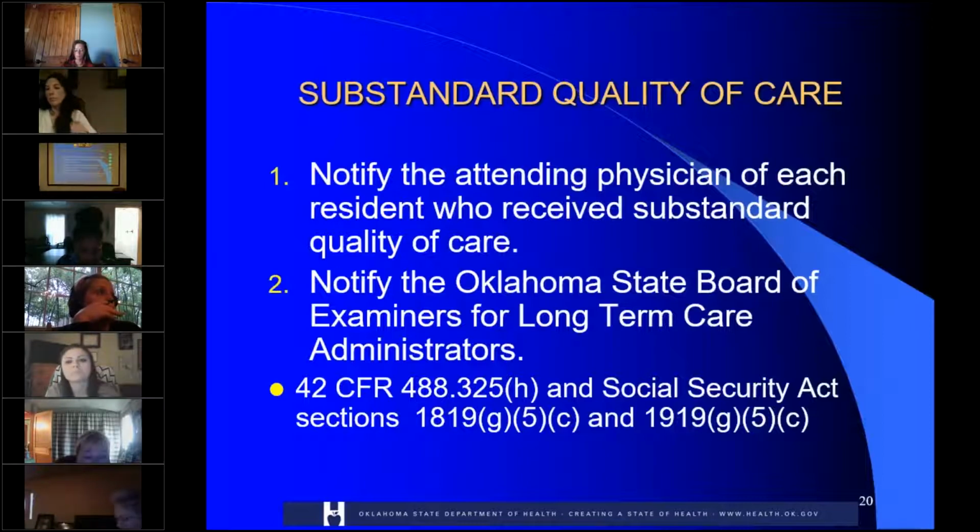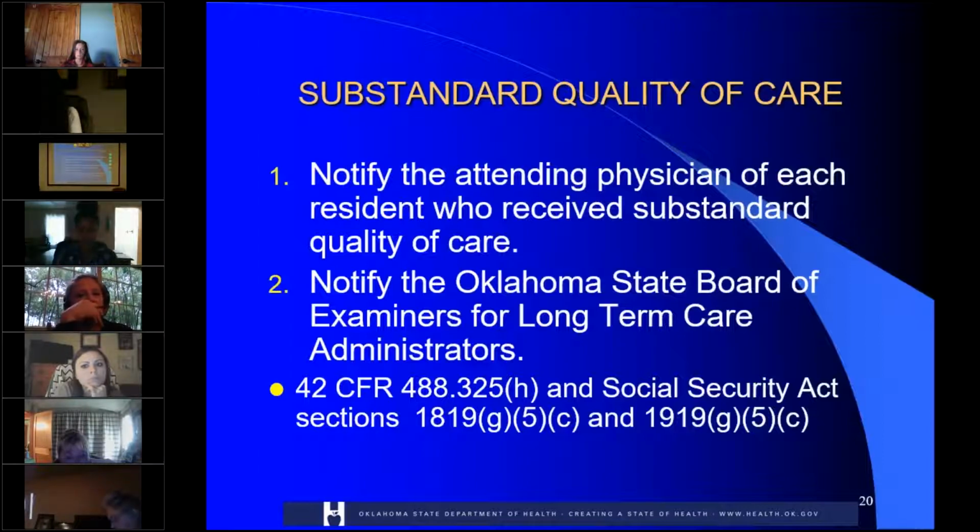So after your letter, there will be a form and it'll have like the resident numbers and a place to put the physician's information in. So it'll be right after the enforcement letter if you receive substandard quality of care on your survey. And then you'll send that information, like it says in there, to send it to you.